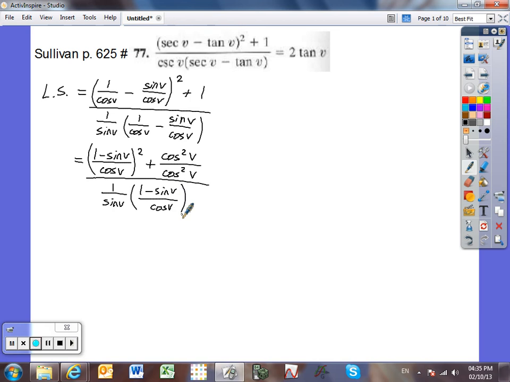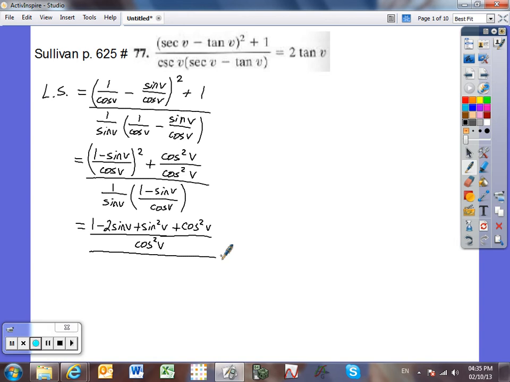Alright, let's keep going then, and so I'll square the top. Let's expand it carefully. It gives you 1 minus 2 sine v plus sine squared v. And you remember that this is over cosine squared v, so I've now got a common denominator.